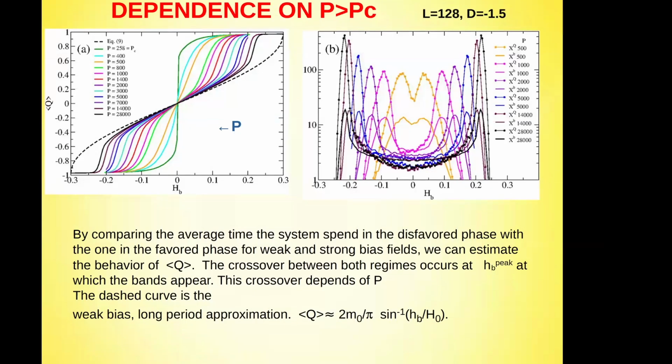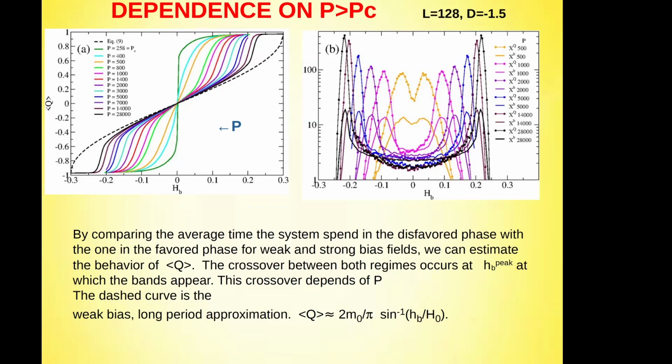And notice that as P increases, the peaks become farther apart. That means that you need stronger biases in order to produce the change in the behavior. And I think these peaks are becoming flatter, slower.